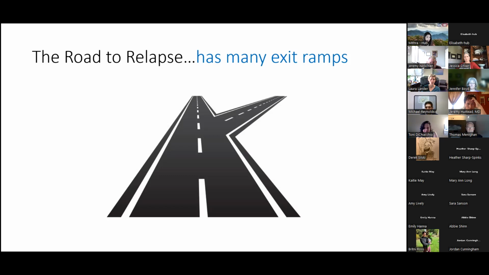An exit ramp that I would give as an example would be to call your sponsor before you pick up, or to go to a meeting, or to remove yourself from the situation, or call any supportive person, or to read recovery literature, or engage in meditation. Those would all be examples of potential exit ramps.